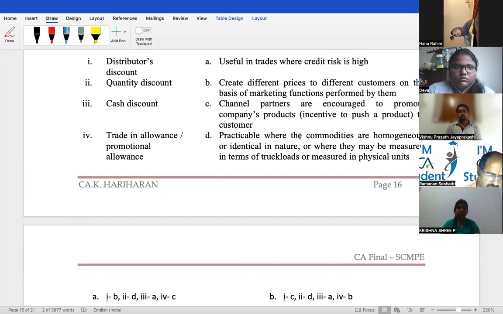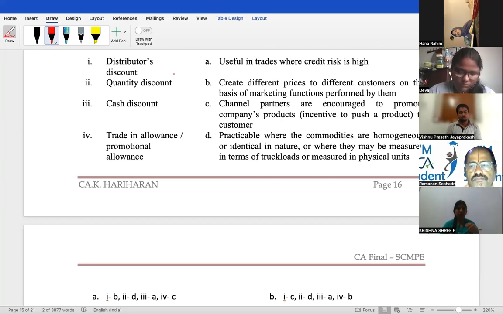Okay. First, distributors discount comes under B, sir. Create different price at different customer on the basis of the function.